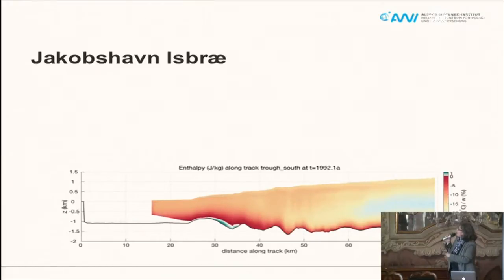This is going over time, so the color is denoting the temperature, and you see the volume change and where the location of this grounding line, the transition to the floating part, is. You see how that point is also moving over time. So the calving front is going back and forth and back and forth. That's the forcing of the glacier. And you see how the glacier responds.